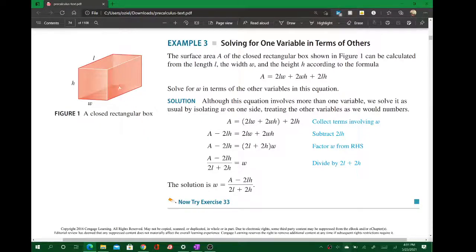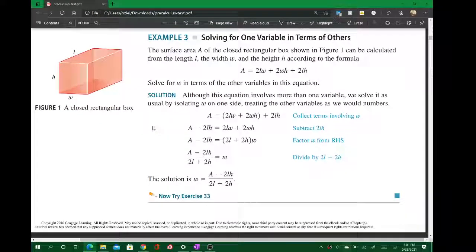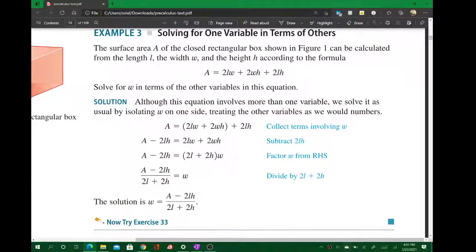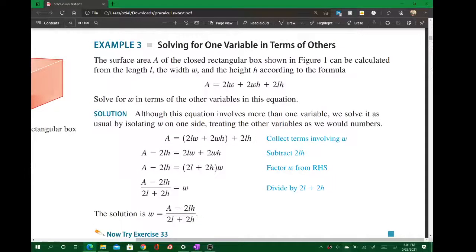They just show it to you so that you can know exactly where it's coming from. You don't have to know so much geometry for this. You just have to know how to manipulate so that you can solve for a variable. Now, it's asking us to solve for W.